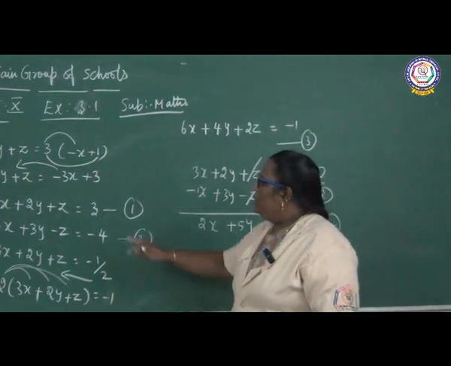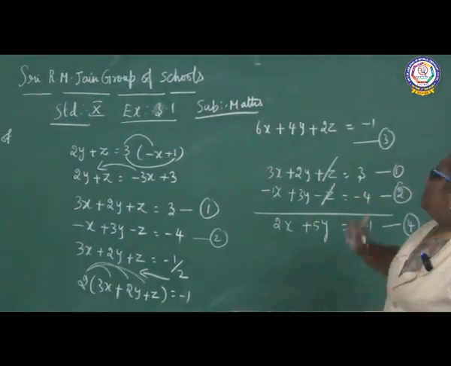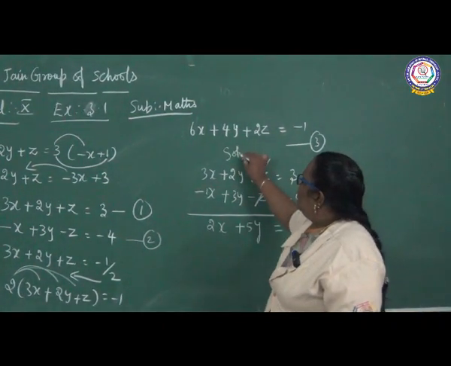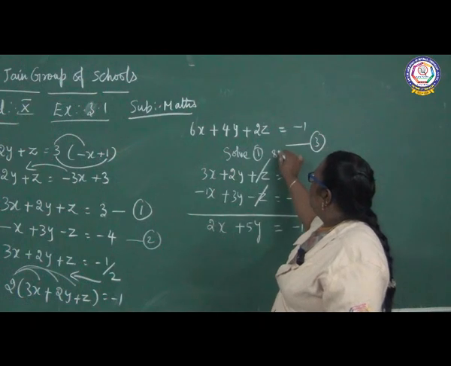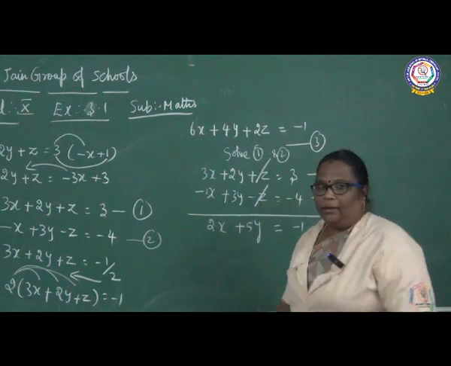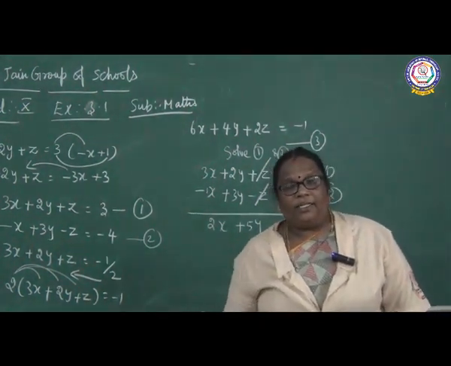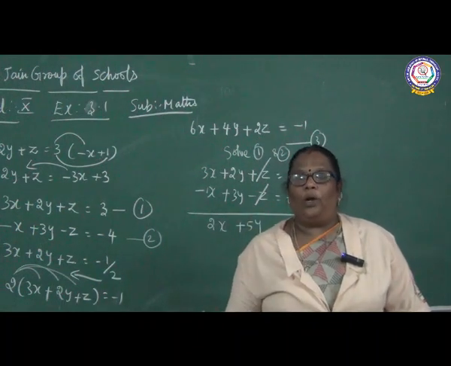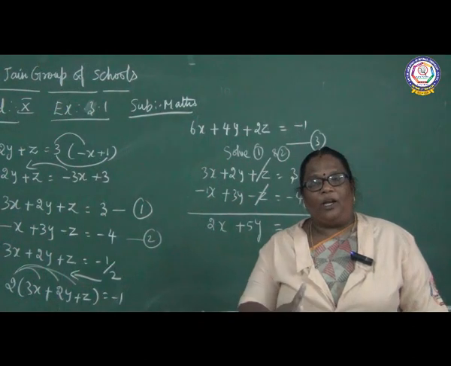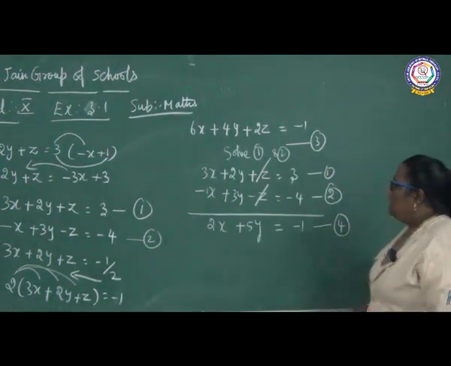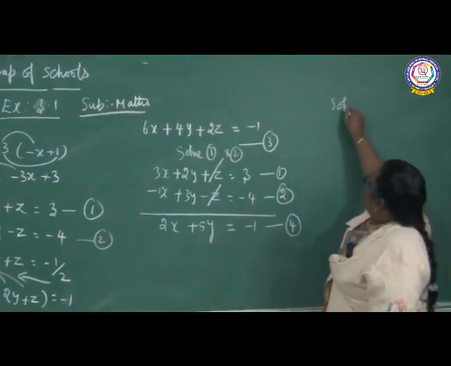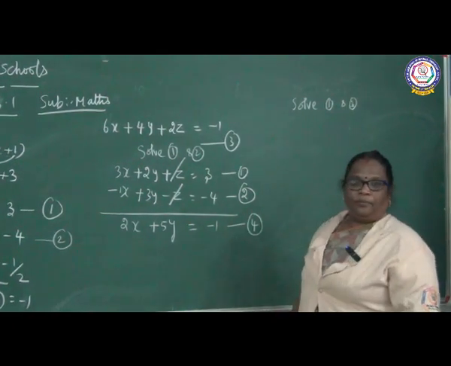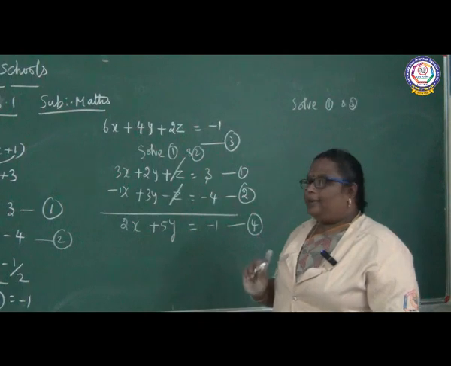Similarly, you can do 1 and 3. I solved 1 and 2 and cancelled the z term. Similarly, we take the first equation and third equation to solve, to cancel the value of z. See, I have taken solve 1 and 3.